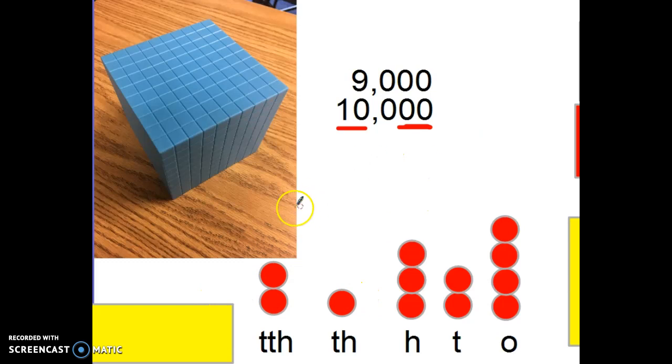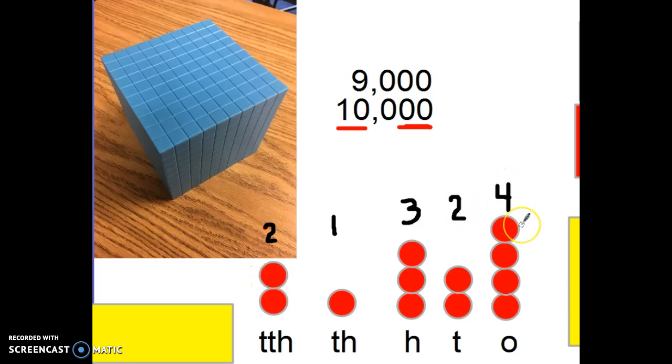I am going to put a 2 here. So we have 2 of these, 1 of these, 3 hundreds, we have 2 tens, and 4 ones.